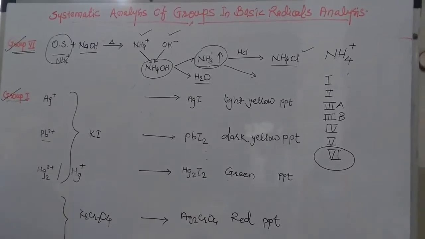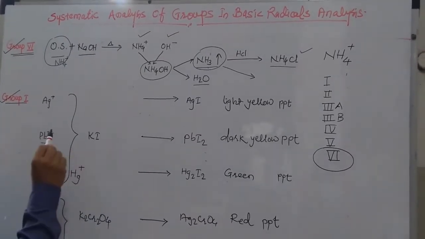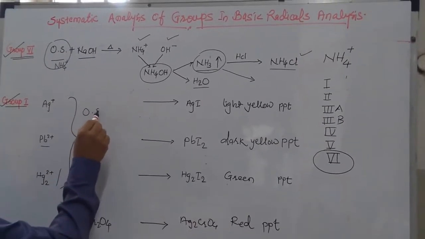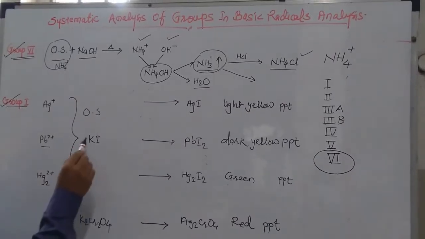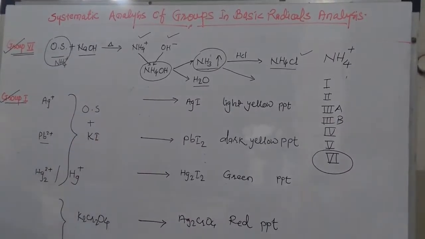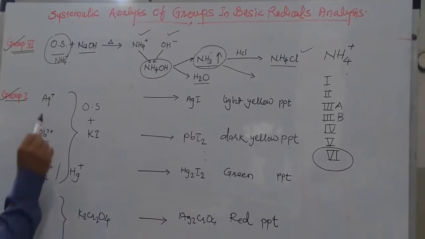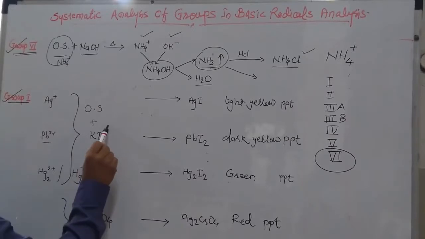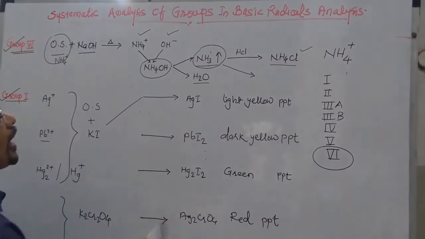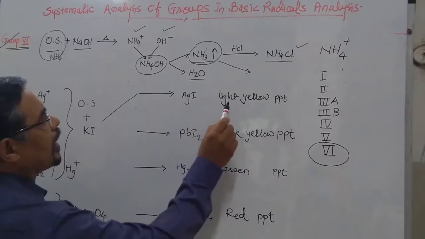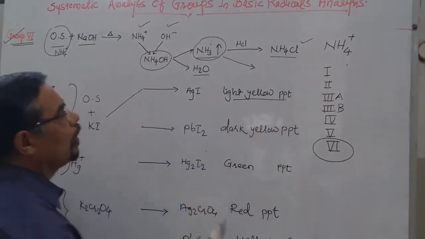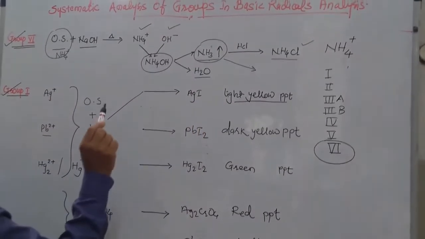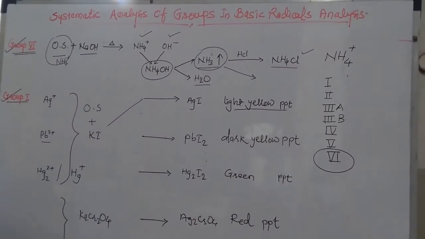So how are they analyzed? If KI, potassium iodide, is added to the original solution of mixture, and if the Ag plus basic radical is present, then it forms AgI precipitate, which has a light yellow color, and this indicates the Ag plus ion is present in the original solution.